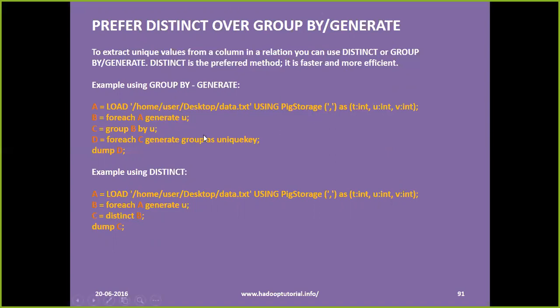If you want to get the unique names, one way is to group by name and for each, generate group, only generate group. This will also give us the unique names, but it is relatively slower. So the preferred method is to use distinct to get the distinct values.